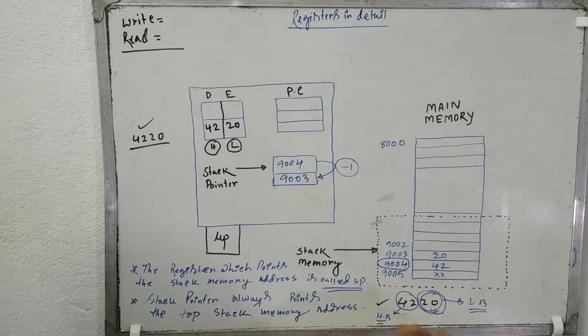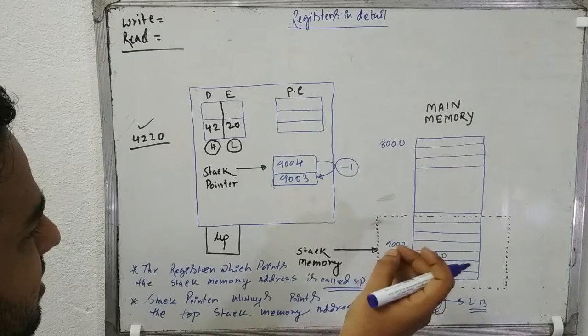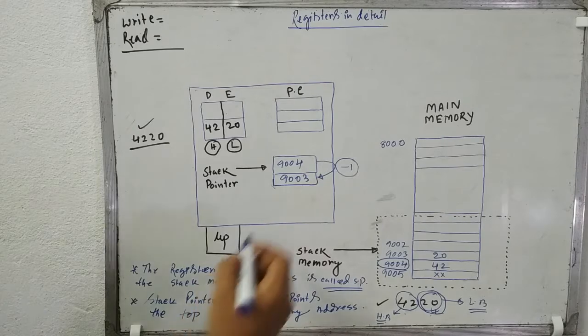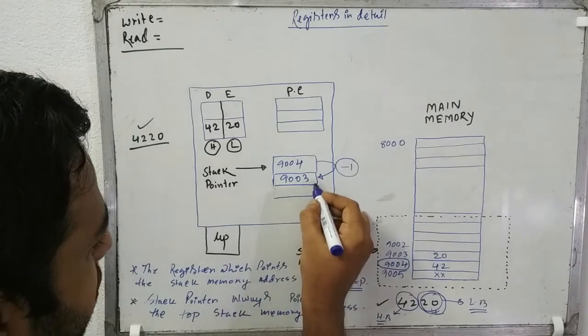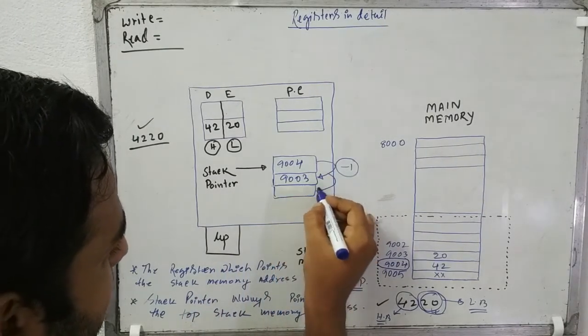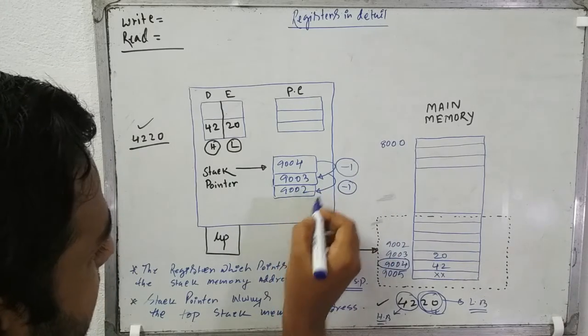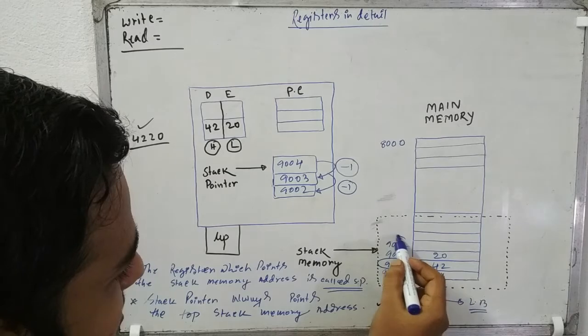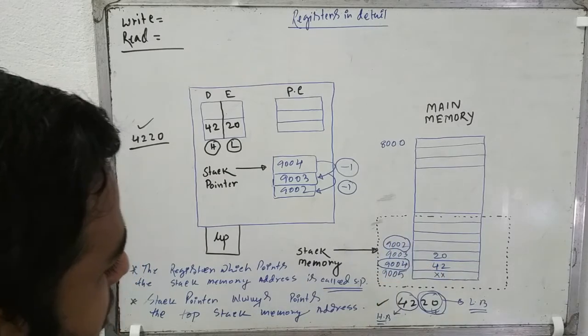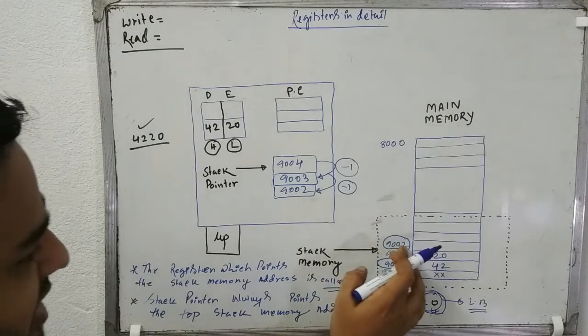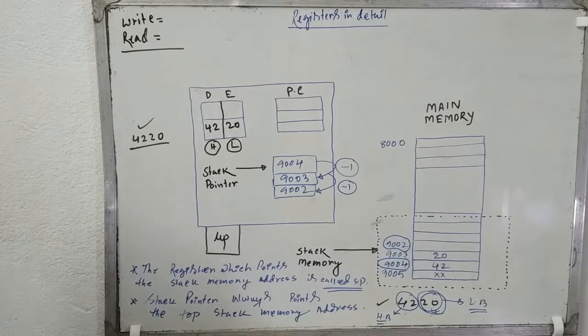In that way the stack will perform the write operation. After that, it will again decrement its address value, and will point to 9002, the top address of the stack memory that you can see here.